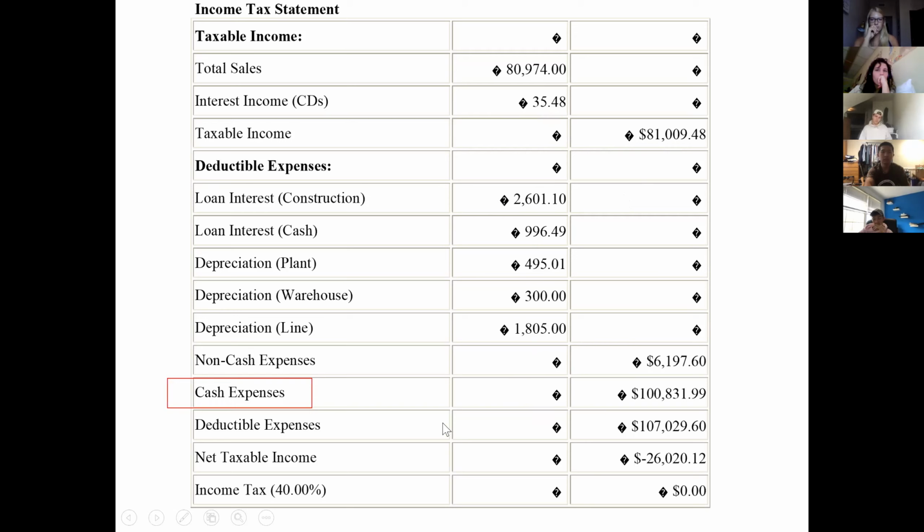And then when you deducted everything, your taxable income was negative, which means you had to pay 0 taxes. It also means you get to carry over that $26,000 loss to the next period. So if the next period you had positive $26,000 taxable income, you still wouldn't have to pay any taxes because that would be offset by the losses from this period.